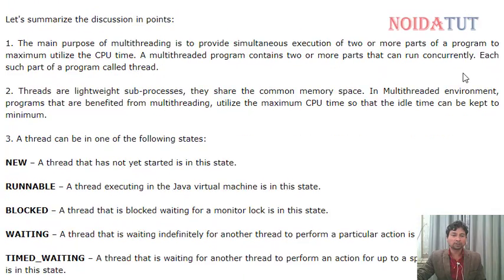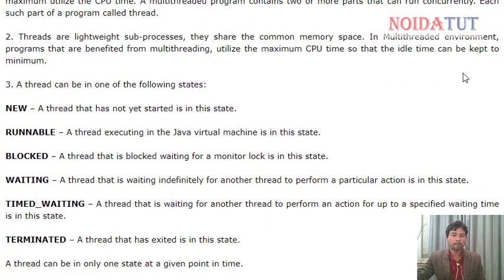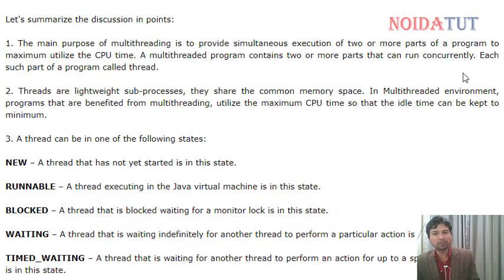Proceeding further, the main purpose of multithreading is to provide simultaneous execution of two or more parts of a program to maximize the utilization of CPU time. A multi-threaded program contains two or more parts that can run concurrently.